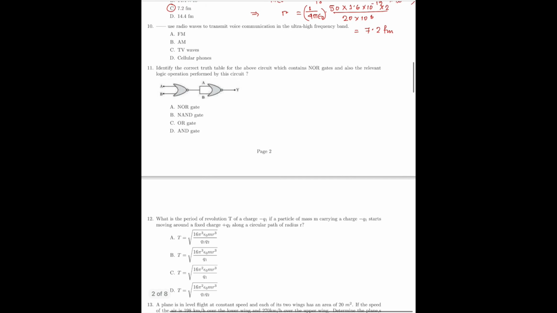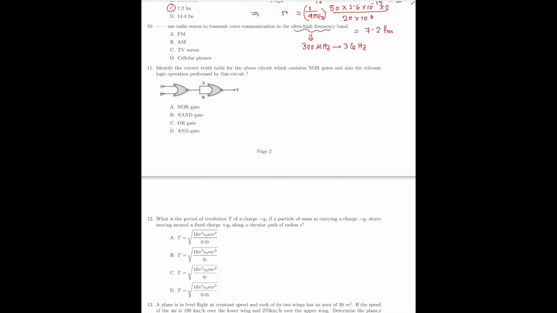The next question says, which of the following uses radio waves to transmit voice communication in the ultra high frequency band? This is an informative question and you need to know what the ultra high frequency band is. The ultra high frequency band is basically the frequency band between 300 megahertz to 3 gigahertz.